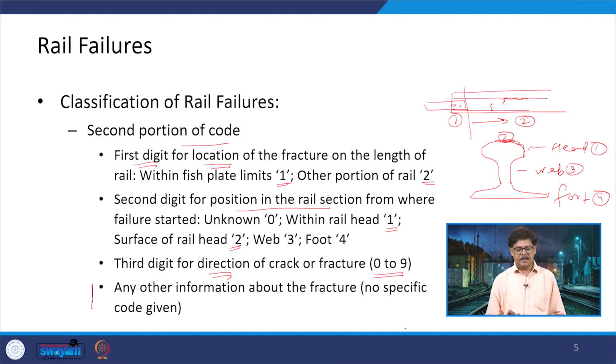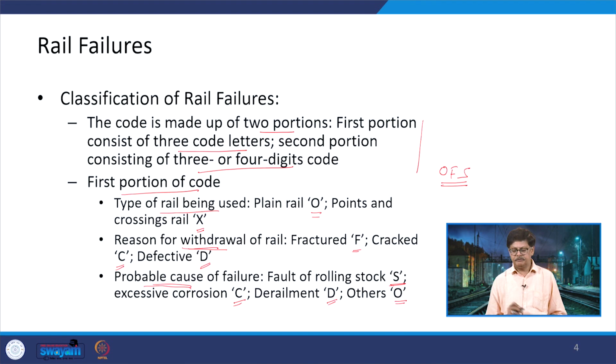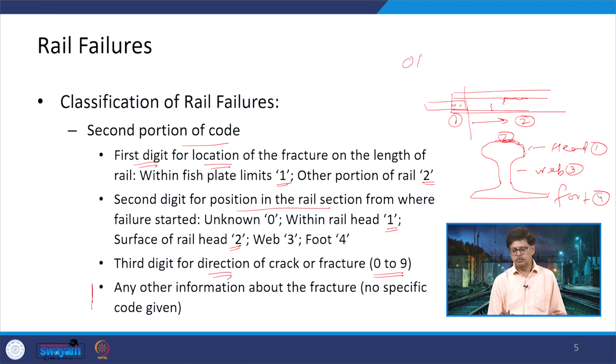So, we may have first three as we have seen previously, say for example, we have taken OFS. So, it can be OFS with say 1, 3, 8.